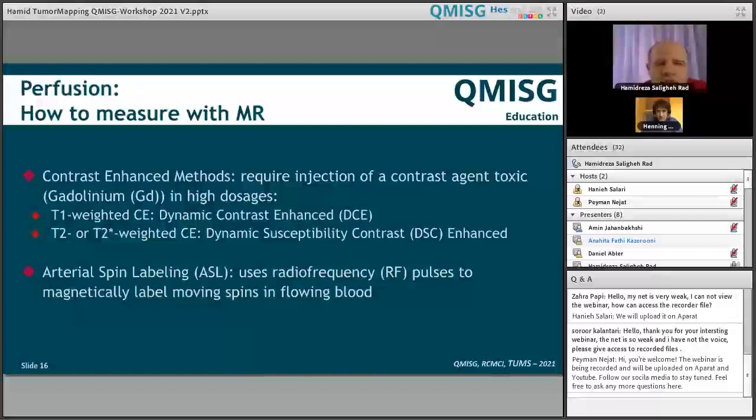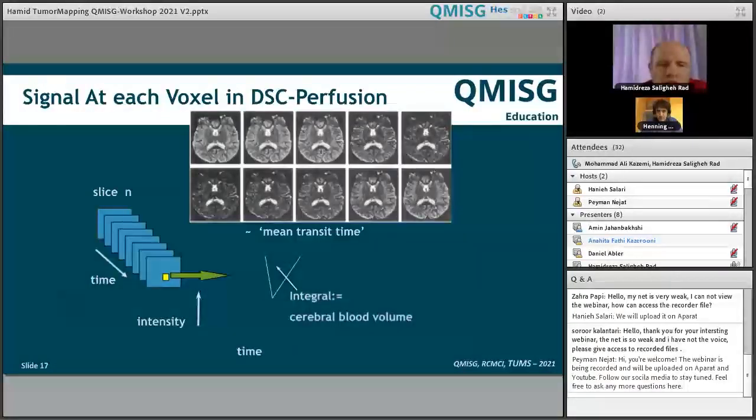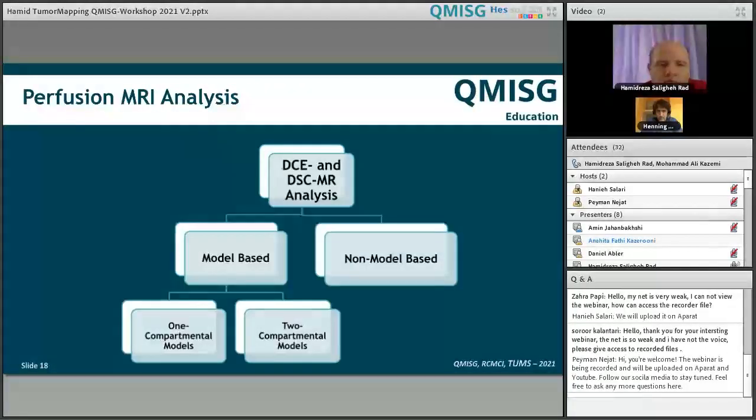ASL perfusion in tumor, we are not going to talk about it, but ASL perfusion uses the blood as the endogenous agent. So this is the main sketch of what has been done in DSC MRI, so I'm just going to skip it.